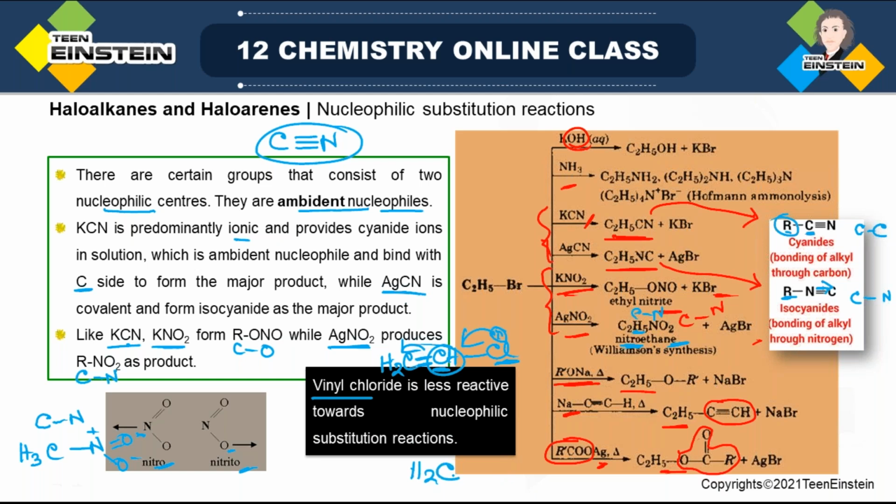So after resonance, the structure that you are getting has a negative charge on this carbon, then CH, then double bond chlorine. Chlorine is now positive. So because of this double bond nature between carbon and chlorine, breaking of this C-X bond, that is carbon chlorine or bromine, whatever it is, is really difficult. So that is why nucleophilic substitution is not possible.